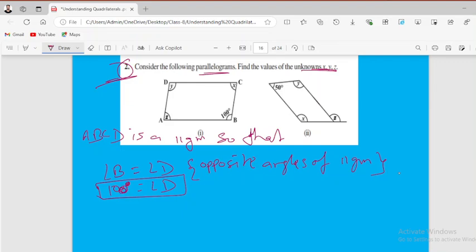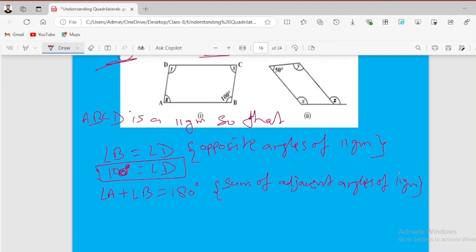Now angle A plus angle B is equal to 180 degrees. Why? Because of the sum of adjacent angles of a parallelogram.